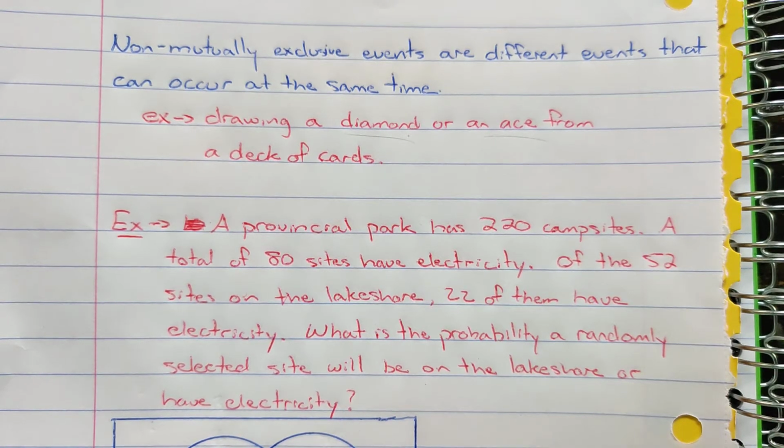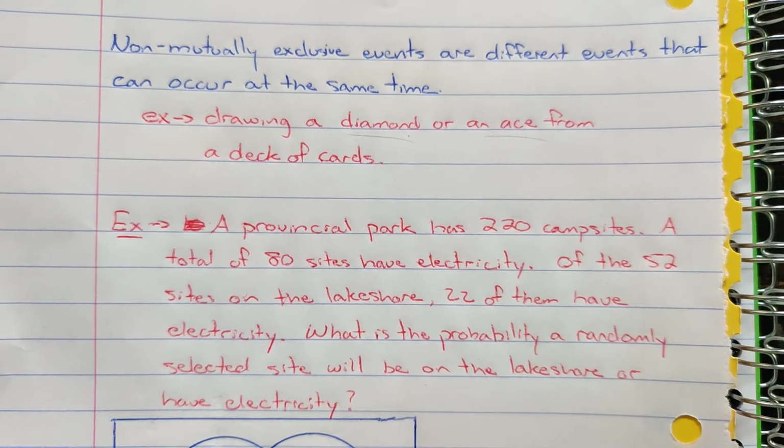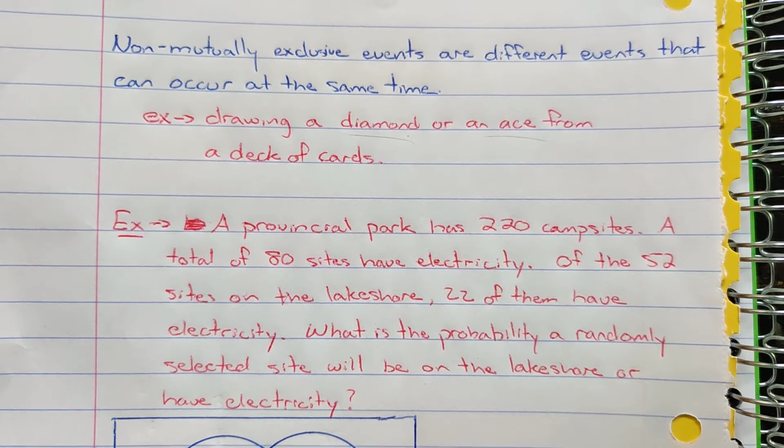Another example could be rolling a die. What's the probability of rolling a 2 or an even number? Well, if you roll a 2, you've also rolled an even number, so it's a non-mutually exclusive event.